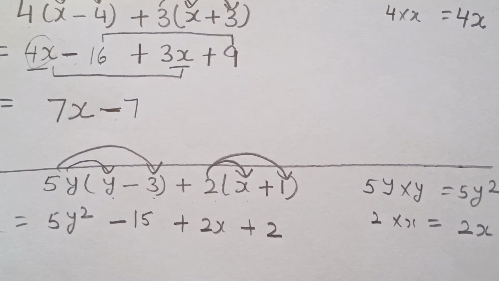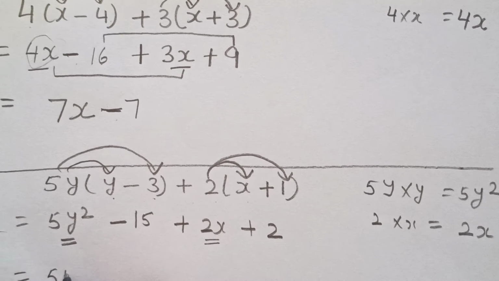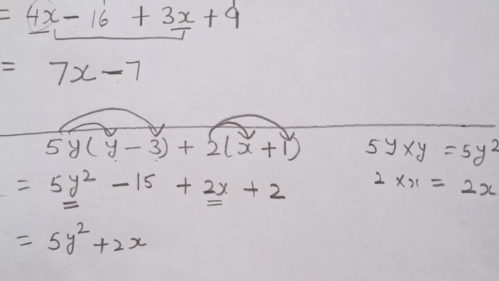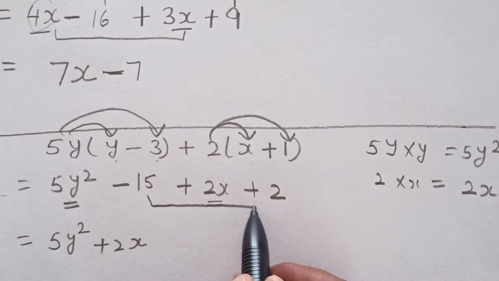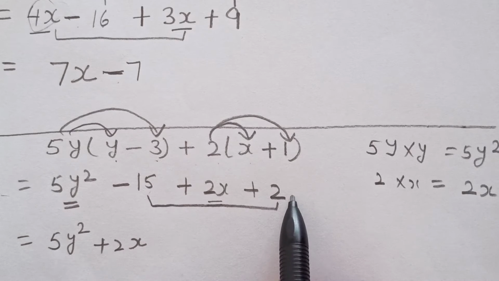Now, do you see any of the like terms here? This term is in y square, this is x. So we cannot collect them together. We are just going to write it down. 5y squared plus 2x. We have written the terms with the variables. Now look at the constant terms. We have negative 15 and plus 2. 15 is negative, 2 is positive.